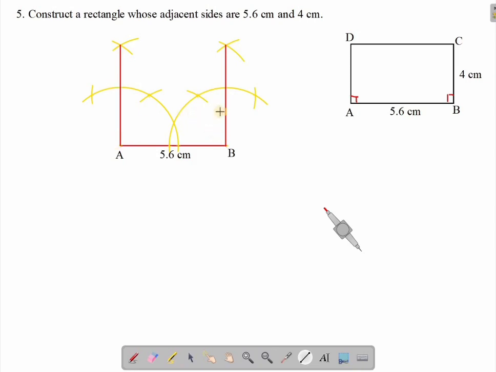Now from A and from B both I have to take 4 centimeter because the opposite sides will be equal. So for that we will take the compass and make the radius equal to 4 centimeter. Keep it at both A and B and cut the extended line.